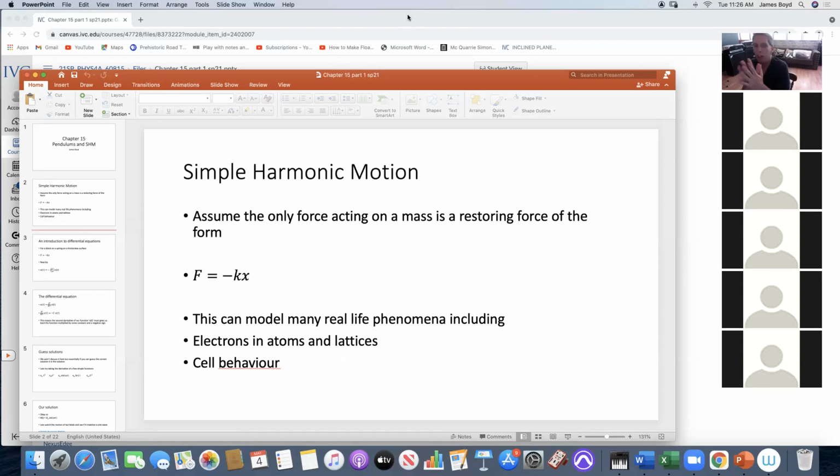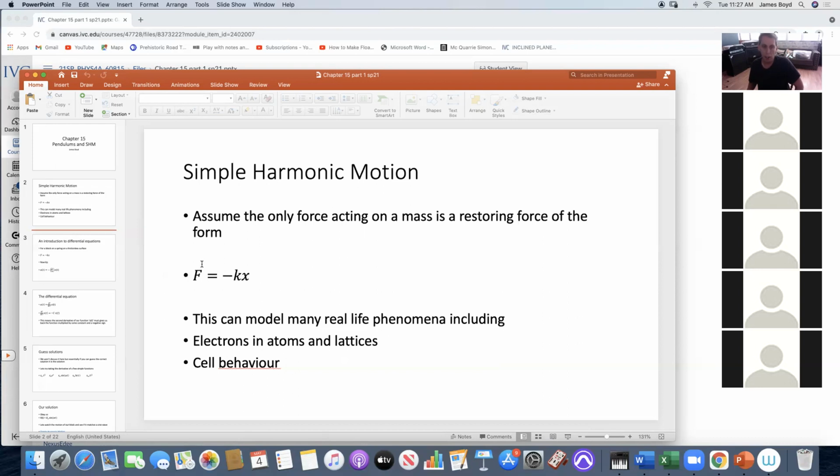The simplest model is usually something called a restoring force, which means that if you nudge your system a little bit one way or another out of equilibrium, it wants to come back to equilibrium. We've already seen this as a spring force, but this is something called a restoring force. The negative sign means it always acts against the motion. So whichever way you push it, it tries to send it back the other way.